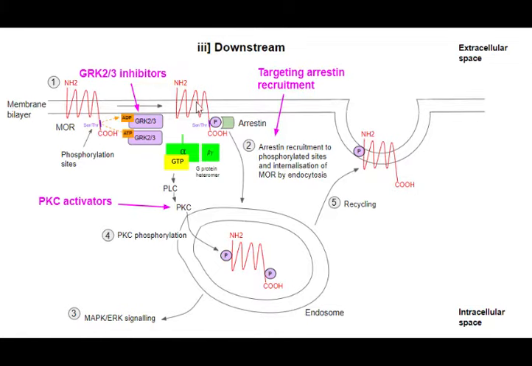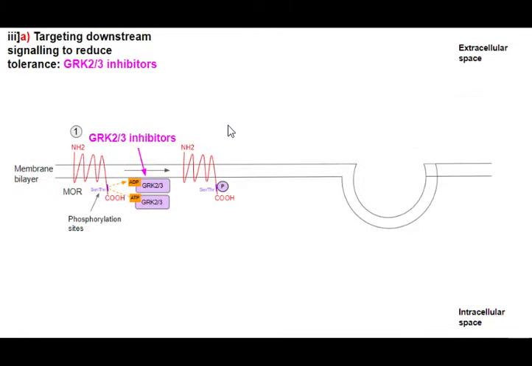The first thing I'm going to talk about are GRK2 and 3. So GRKs are a group of kinases which phosphorylate the mu receptor. Now, kinases are simply the term used to describe proteins which carry out phosphorylation.